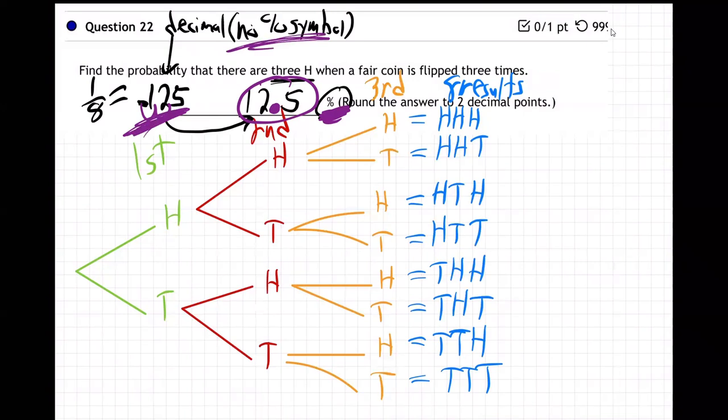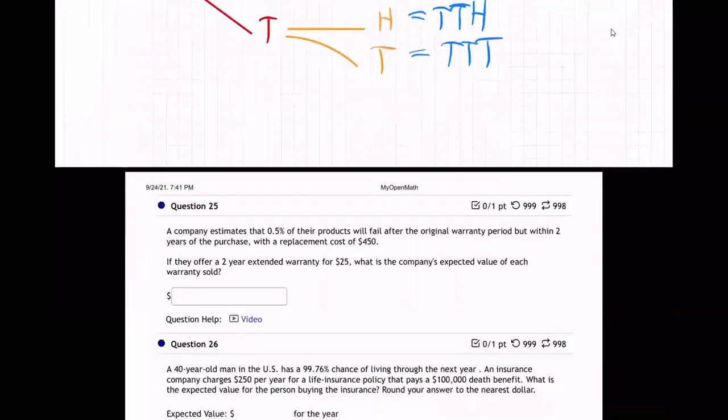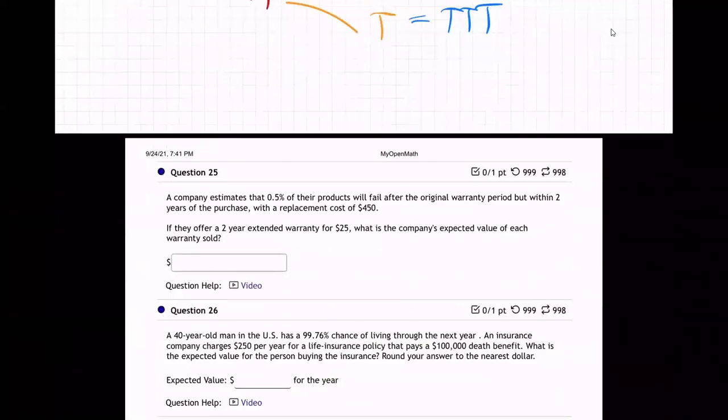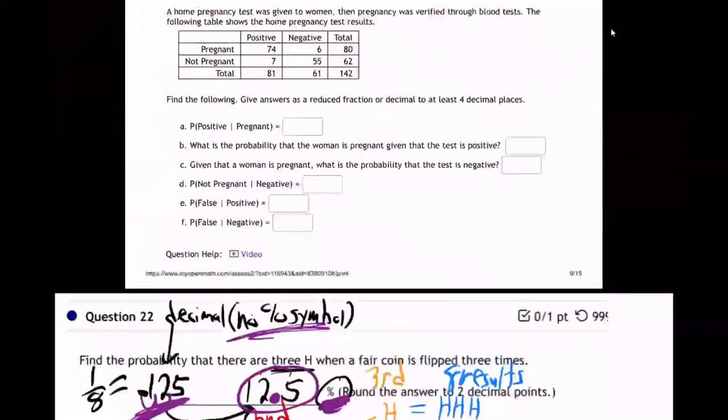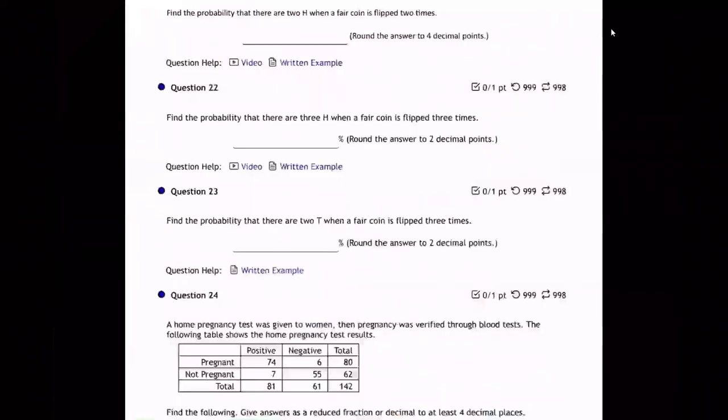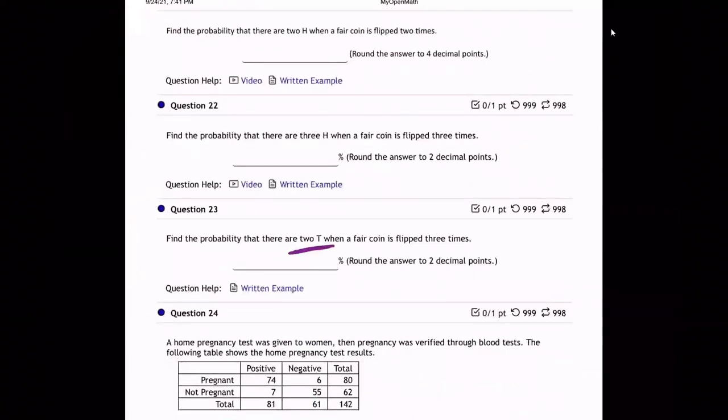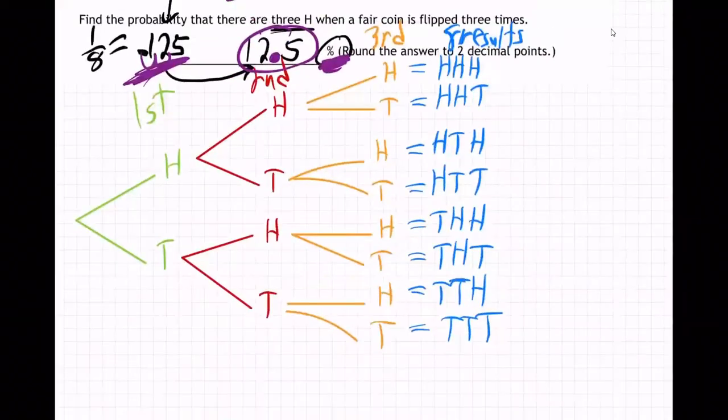Now, there's other versions of the question. Here's another version. You might get one that says 2 tails. So if they said 2 tails, how many of these results actually have 2 tails? Well, it'd be this one, and that one. 2 tails.